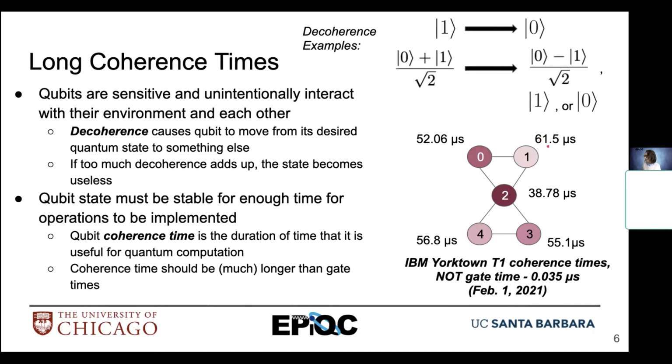If we took this coherence time divided by the gate time, we would get approximately 1,700 operations on qubit 1 before we decohere, and only about 1,100 on qubit 2. So that's a significant difference. That's almost double the amount of gates on qubit 1 as compared to qubit 2.